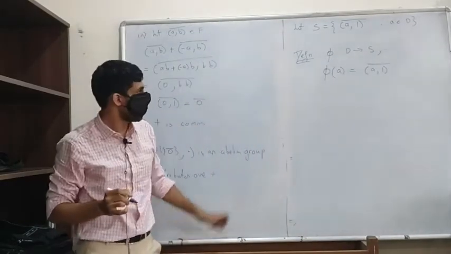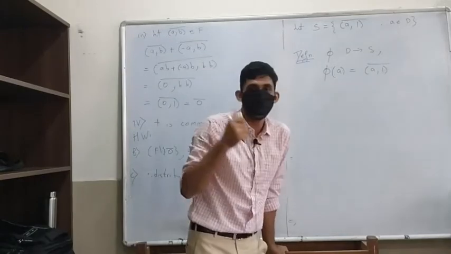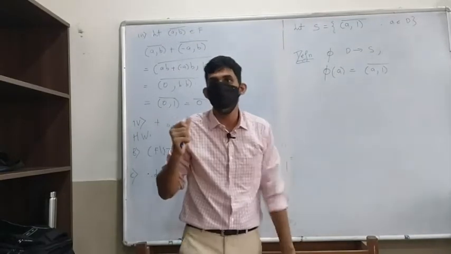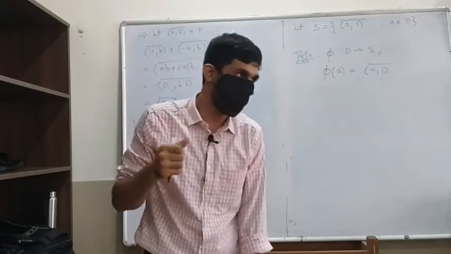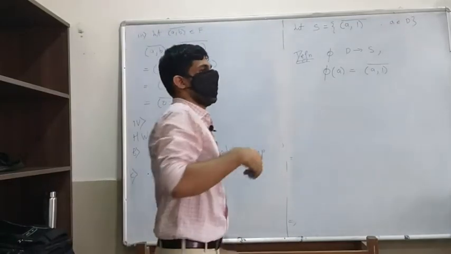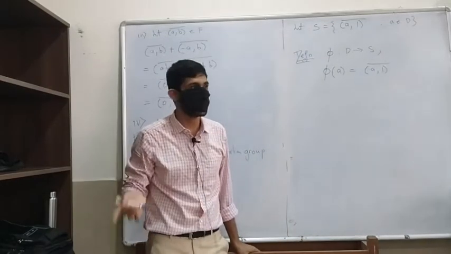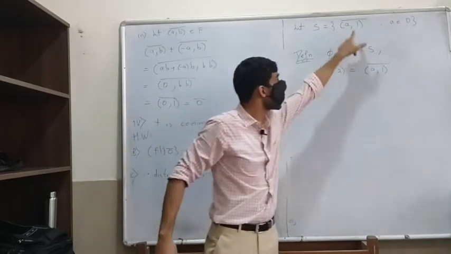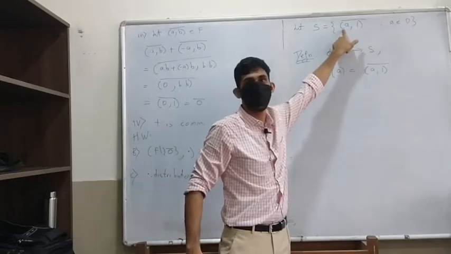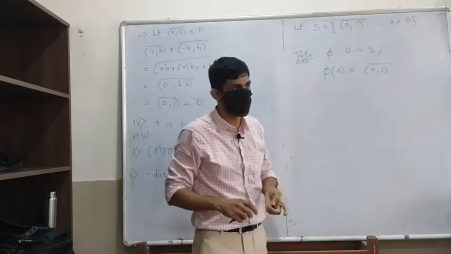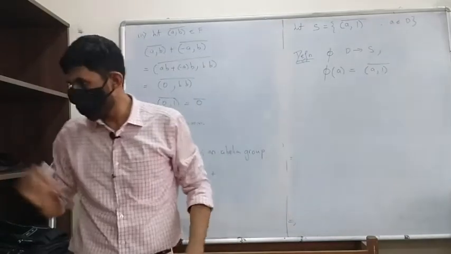What do I need to do? One, prove it's a ring homomorphism. It's well defined, there is no problem. Two, I need to show it's one-one, and three, I need to show it is onto. Onto is obvious, because if you take any element from here, it's of this form, so the pre-image is obvious.